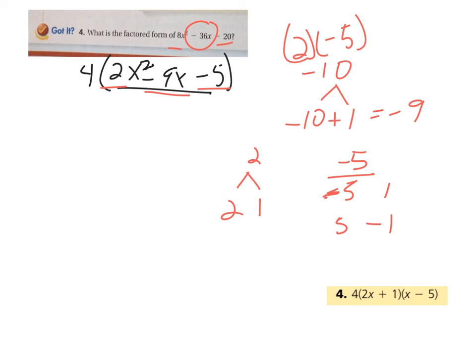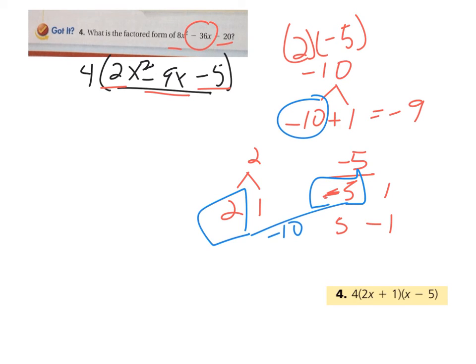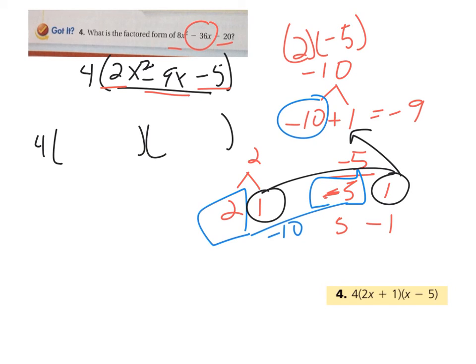And hopefully you recognize that 2 times negative 5 is going to create my negative 10 that we were looking for up here. And then 1 and 1 is going to create my 1 I was looking for up here. So what does that look like? Well, that 4 comes along for the ride. We've got my 2 sets of parentheses.